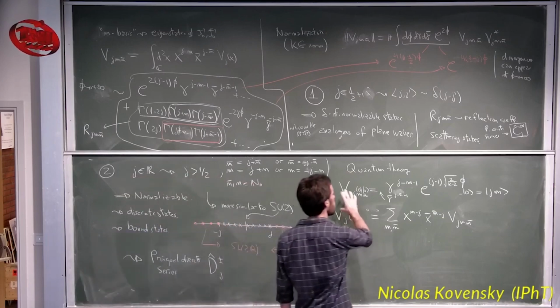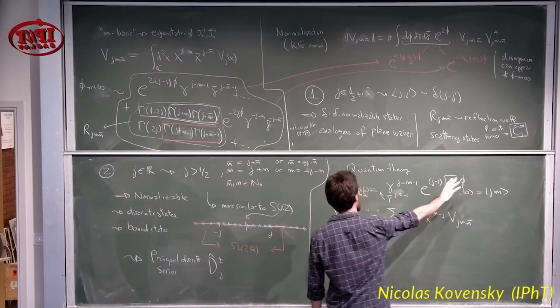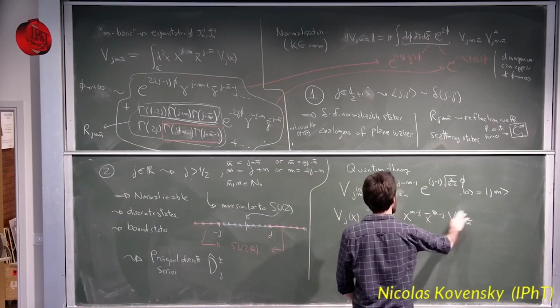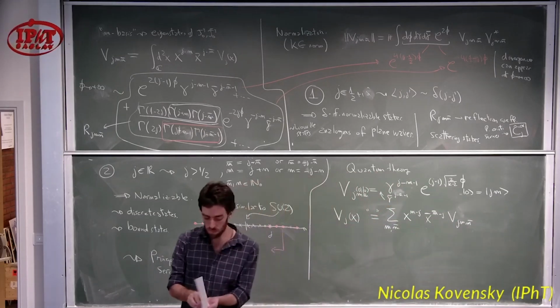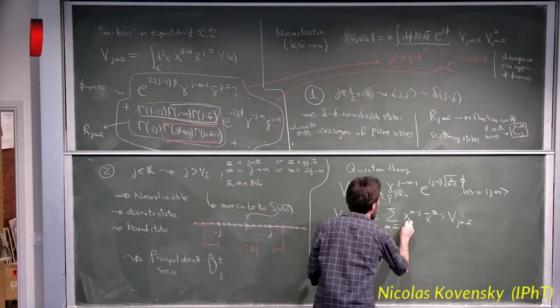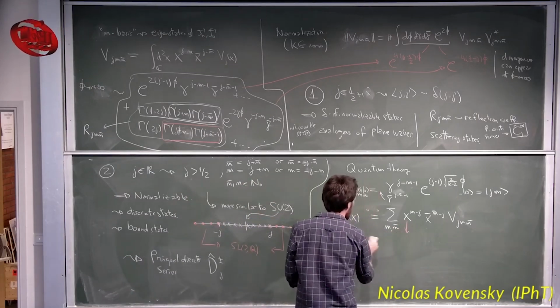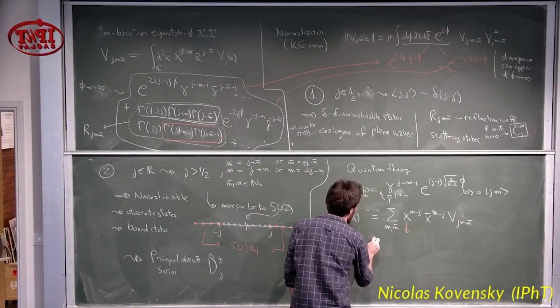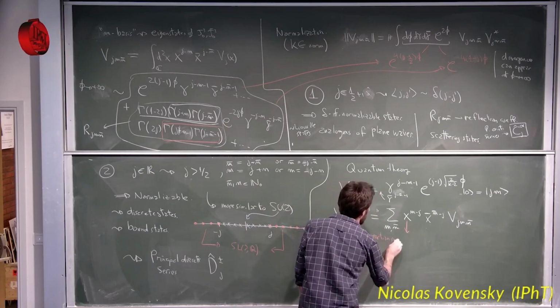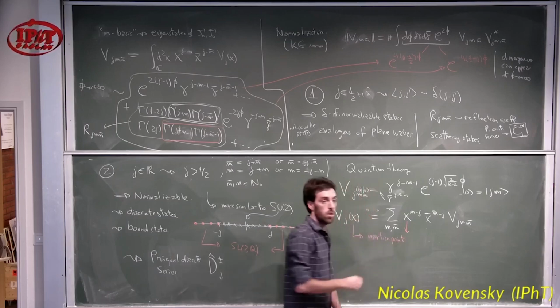So this is the quantum theory, this is the Wakimoto representation of the vertex operators. And you see here that this already tells you something very nice, right? Because we know that this x here is the insertion point at the boundary.